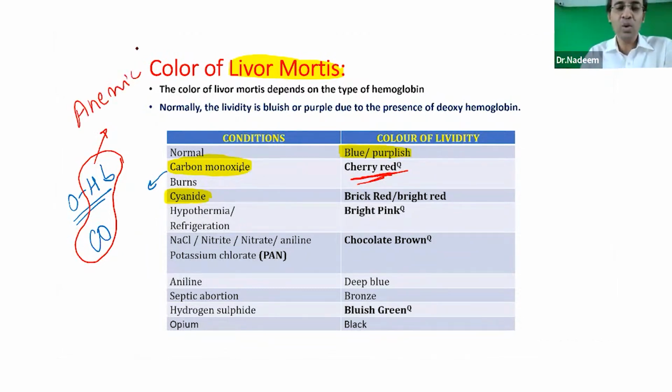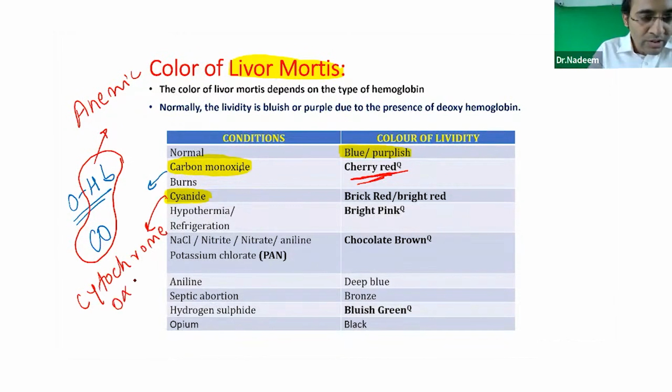Respiratory physiology. Fine. Cyanide poisoning: cyanide is going to block one enzyme called cytochrome oxidase. Because of this, what is happening here? Tissues are not able to use the available oxygen.